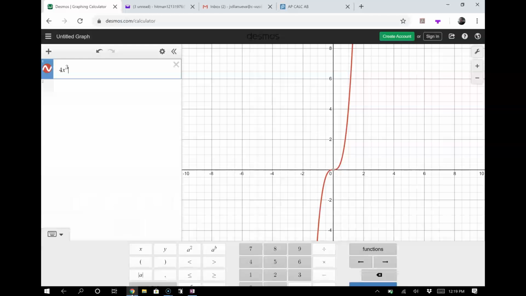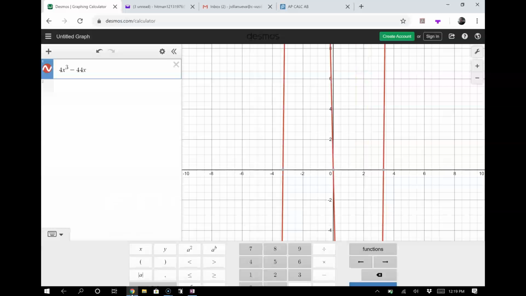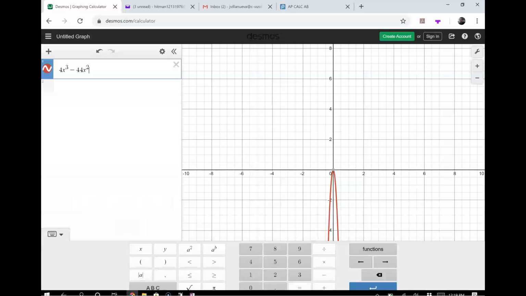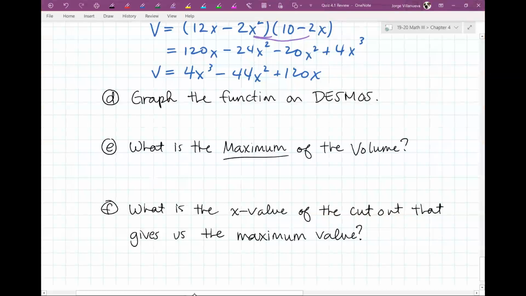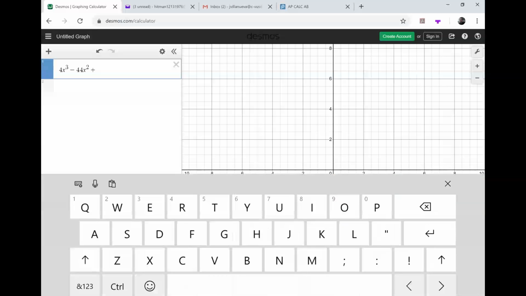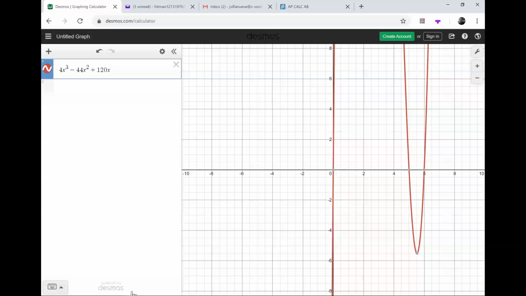Minus 44x squared. And then, was it a plus or a minus 120x? Plus 120x. All right, so I'll zoom out.